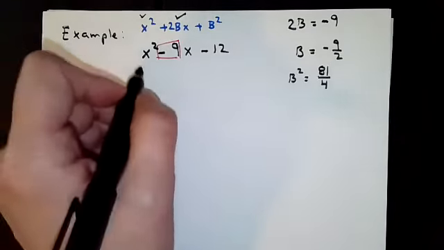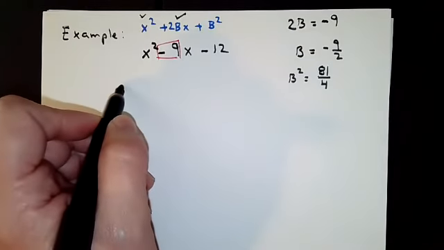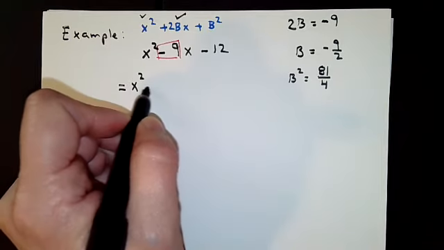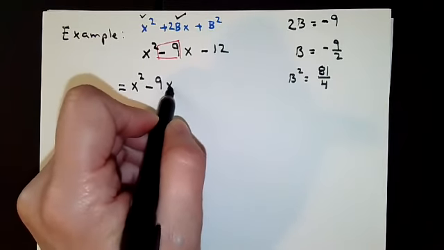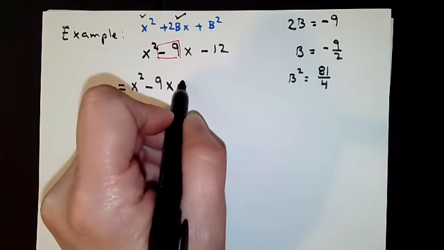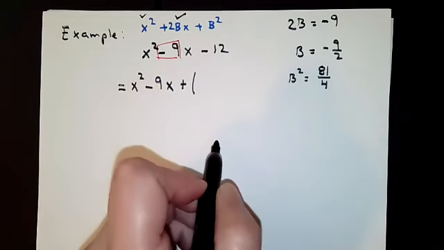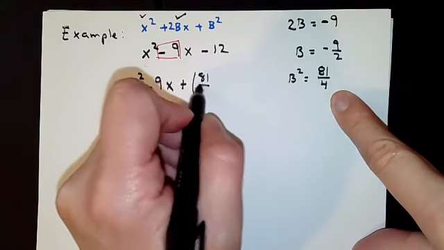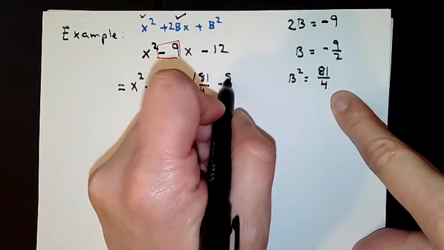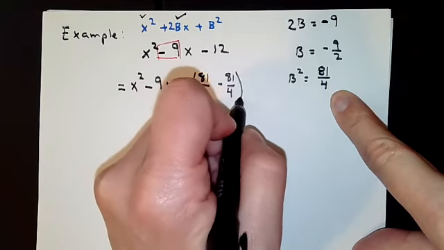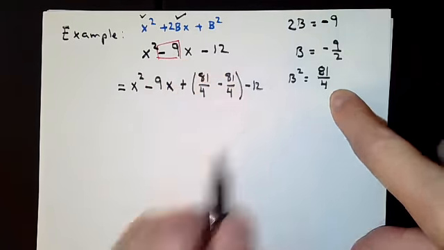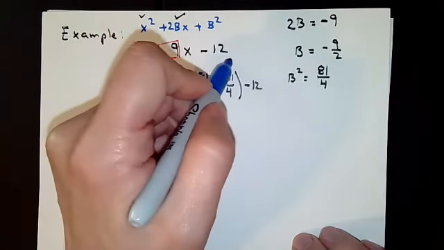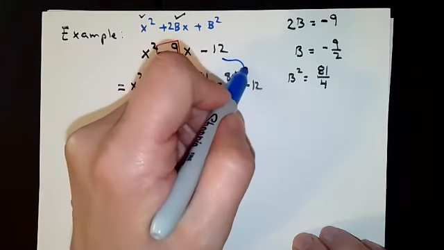Okay, so let's start off by writing those two down. Now we're going to add 0. What does our 0 look like? It looks like our b squared, 81/4, minus itself. And we still have the minus 12 at the end. There's the minus 12.